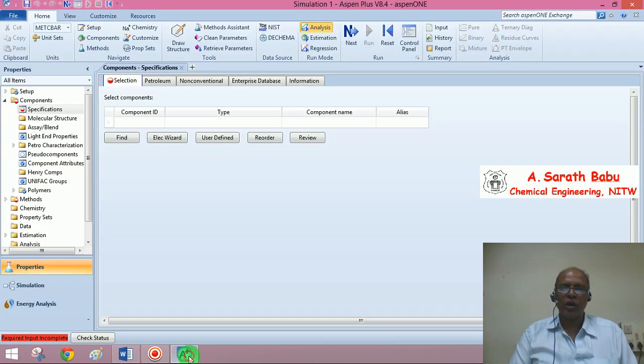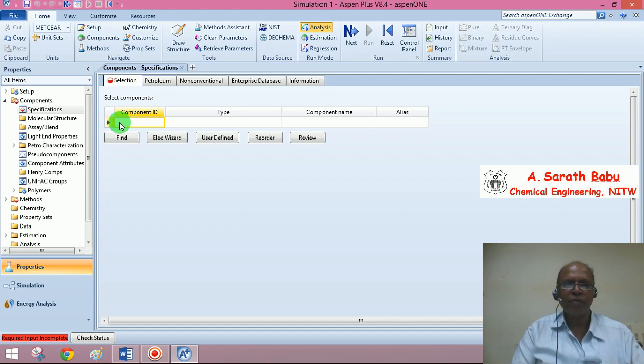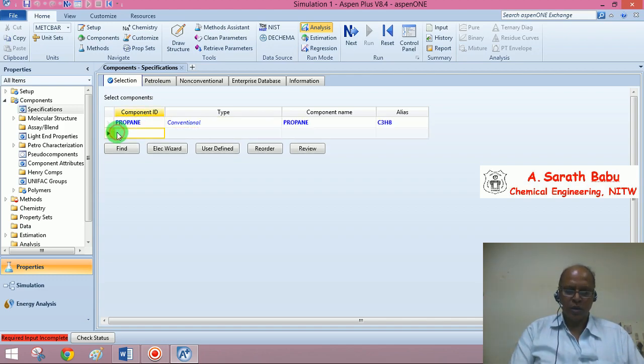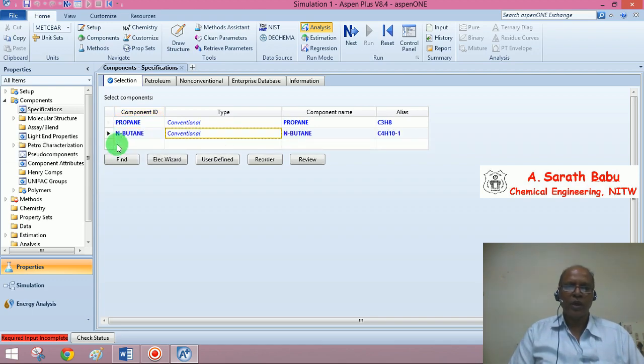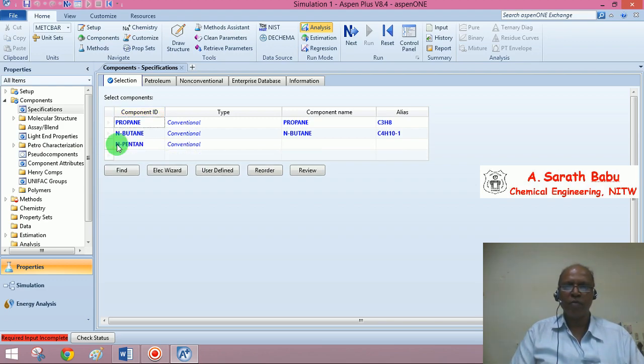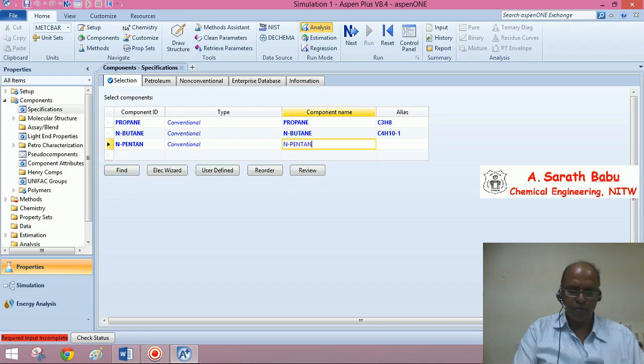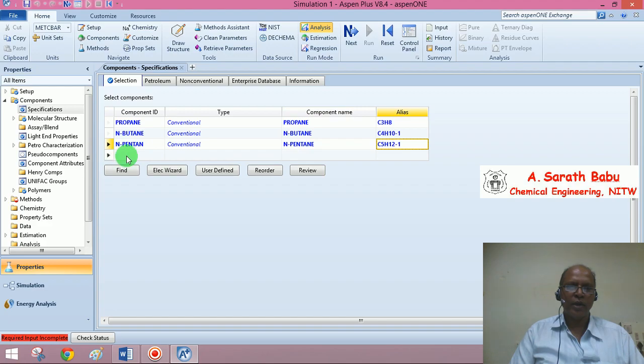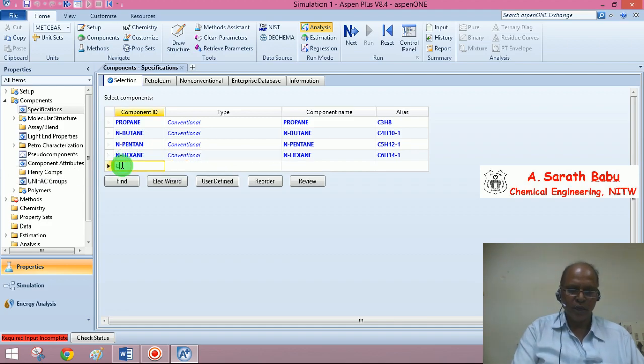Let me add that list of components first. Propane, N-butane, N-pentane, and then N-hexane, and then cyclohexane.